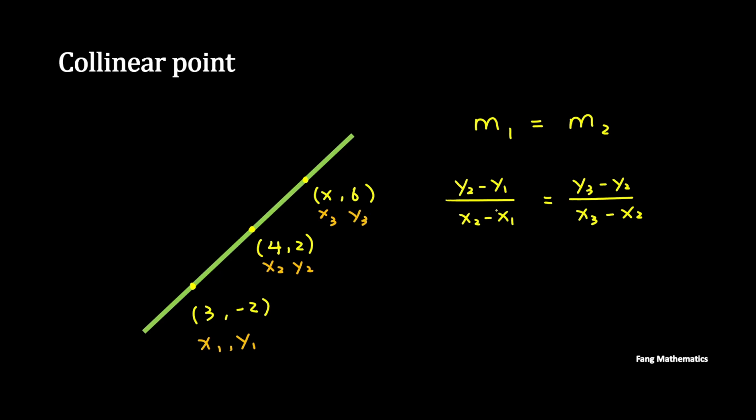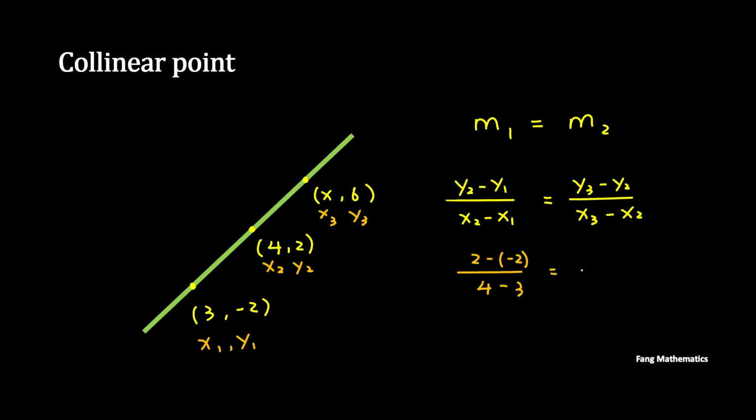And now we are to substitute and solve. Let's start from y2 minus y1. So y2 is 2 minus minus 2 over 4 minus 3.